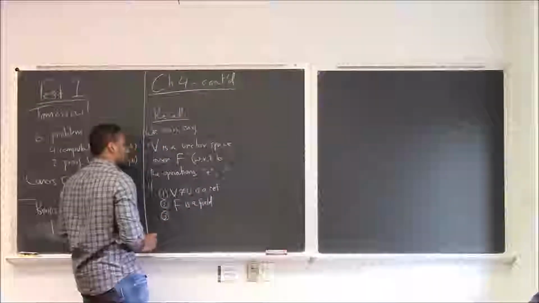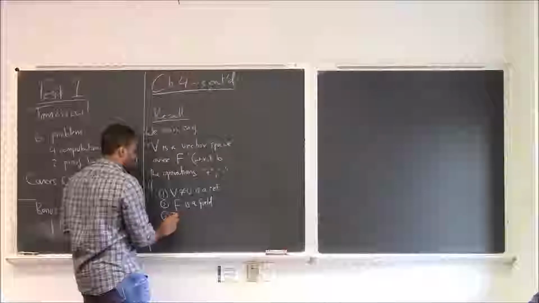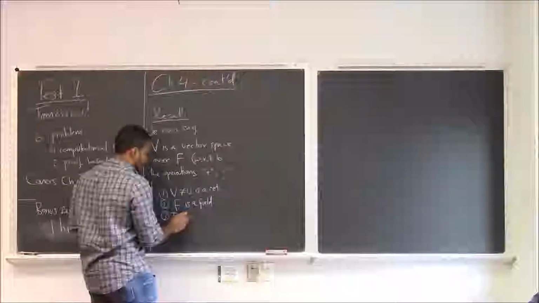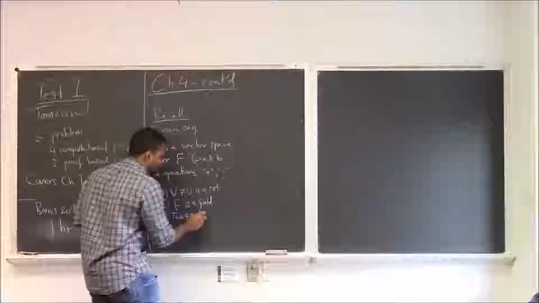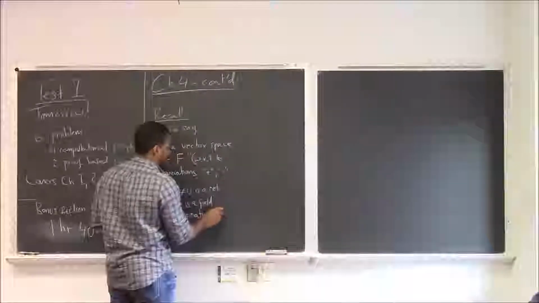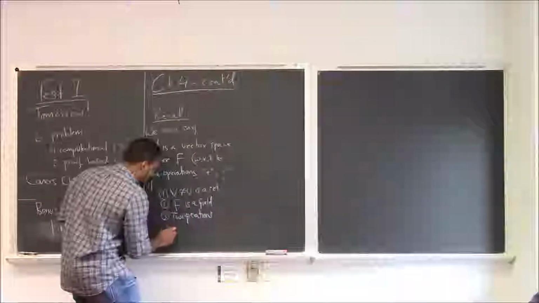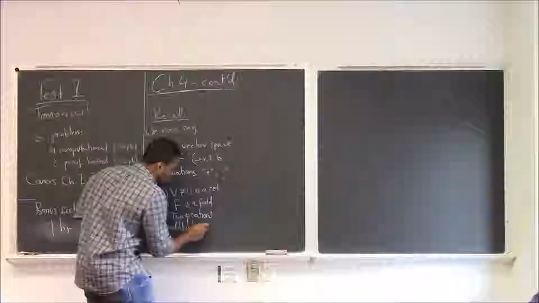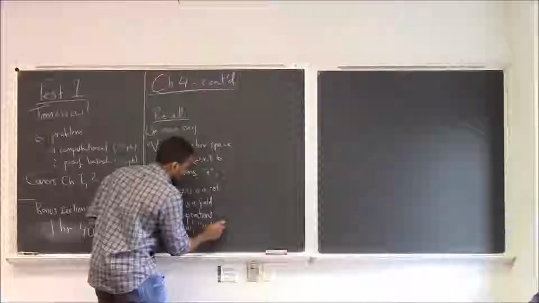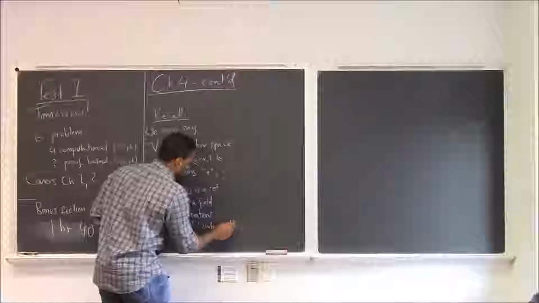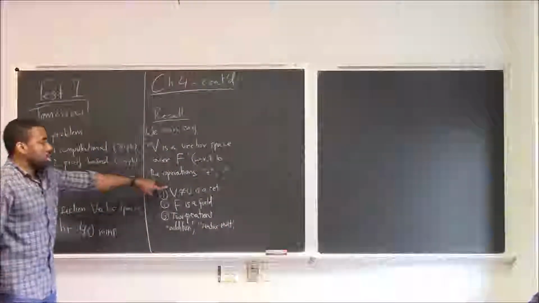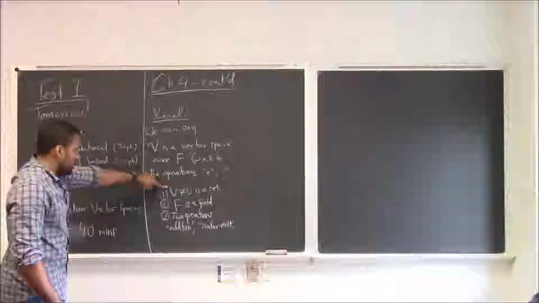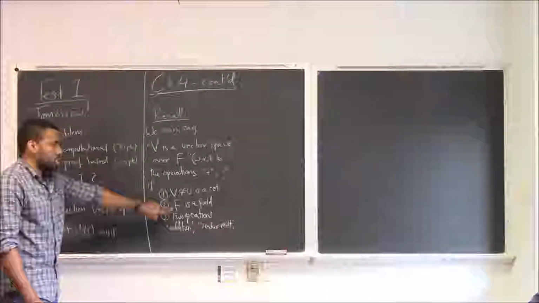Three, with 2 operations, which we call addition and scalar multiplication. The set V, we call its elements vectors. The set F, we call its elements scalars.